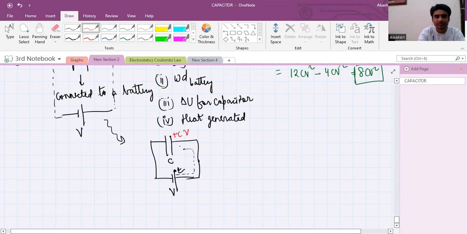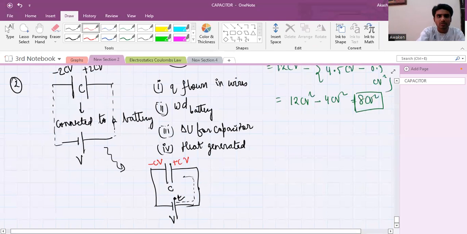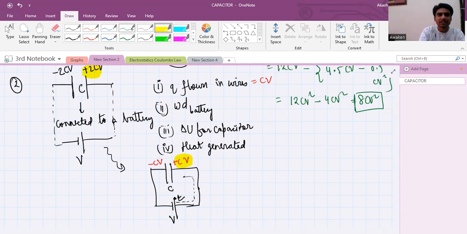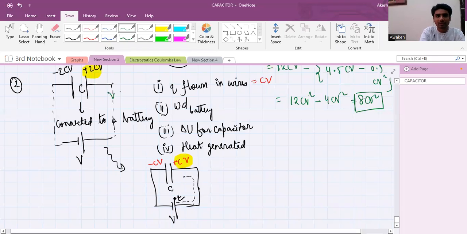Plus CV, capacitance into V. This will be minus CV. So charge flown in the wires will be CV, because initially it was 2 CV here, and the final became CV. From 2 CV to CV, CV must have flown in this fashion. That is the first question.